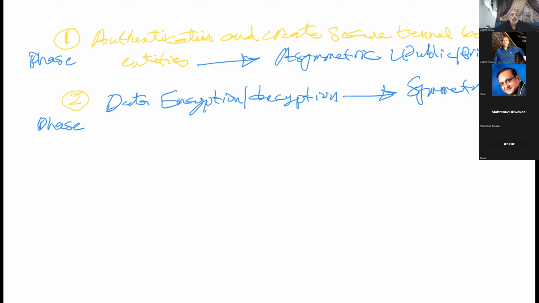We agree that this is slow, but I don't care, because the process will not take too much. The number of packets sent will be minimal, just to agree on a proposal for the encryption: what the protocol of the encryption will be, the size of the key, the authentication method, the hashing method, and all this information.